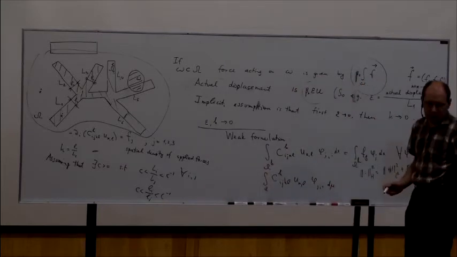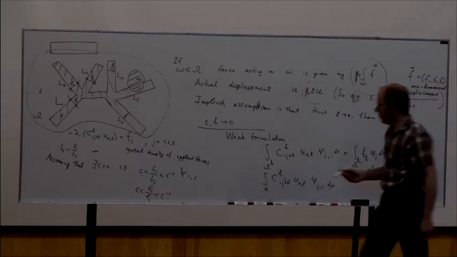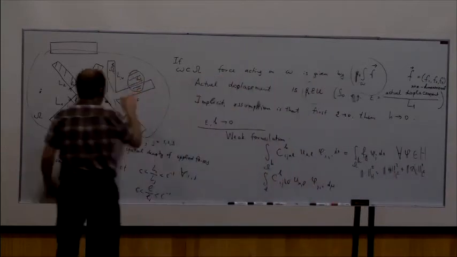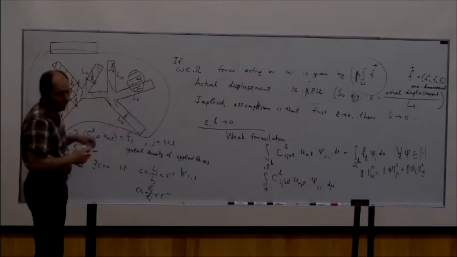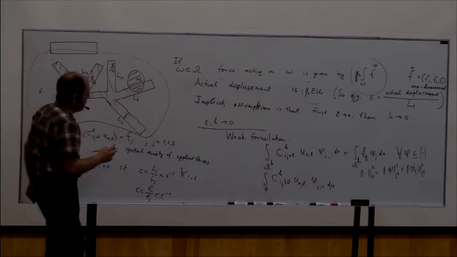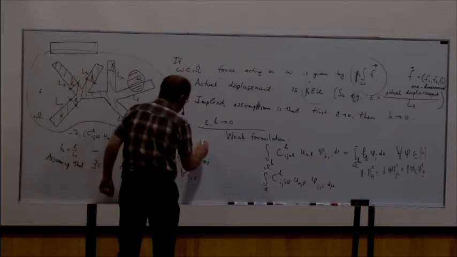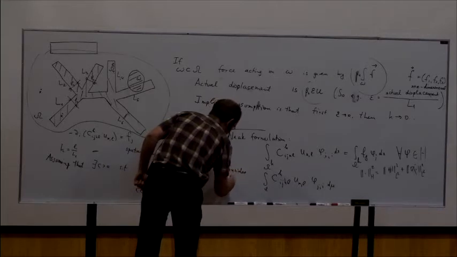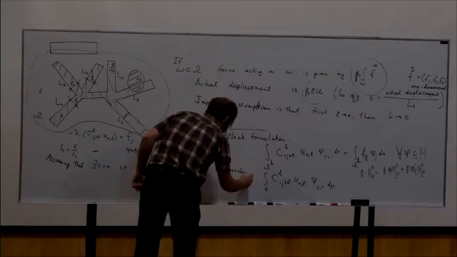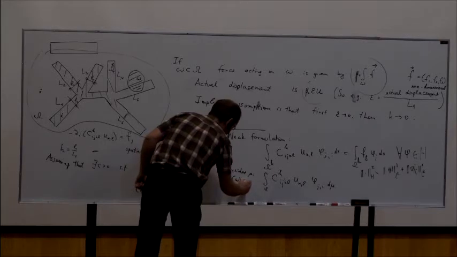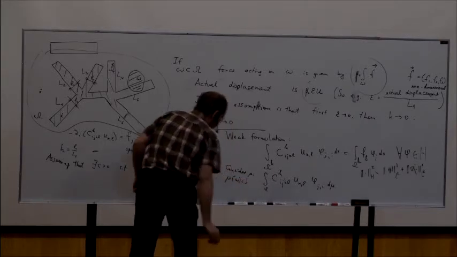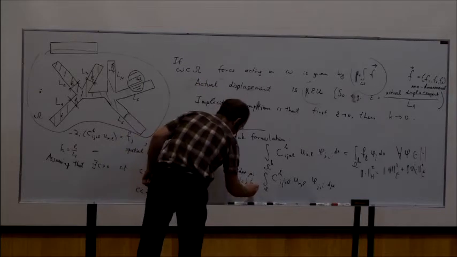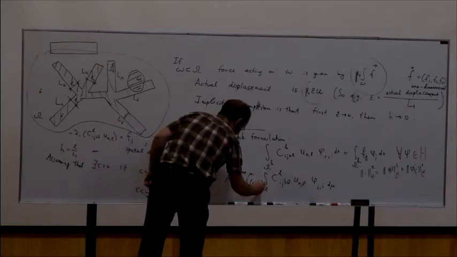So you could introduce a measure such that mu of a set omega is the Lebesgue measure of the intersection of omega with the structure.